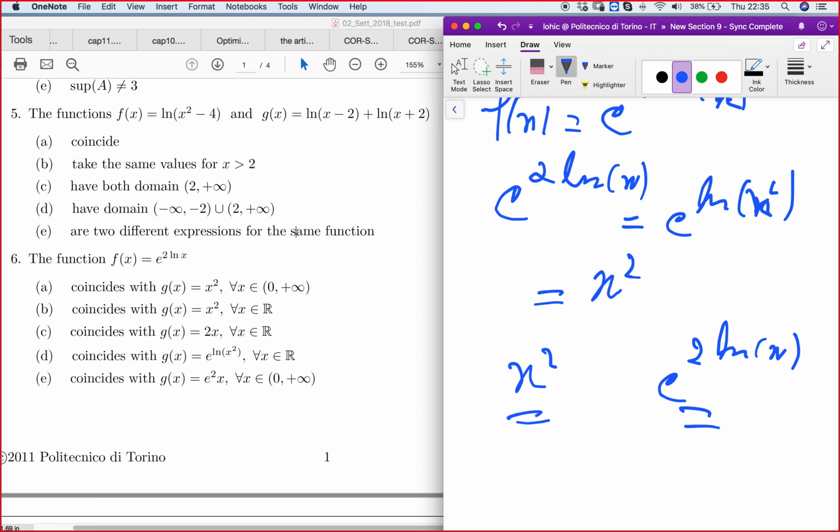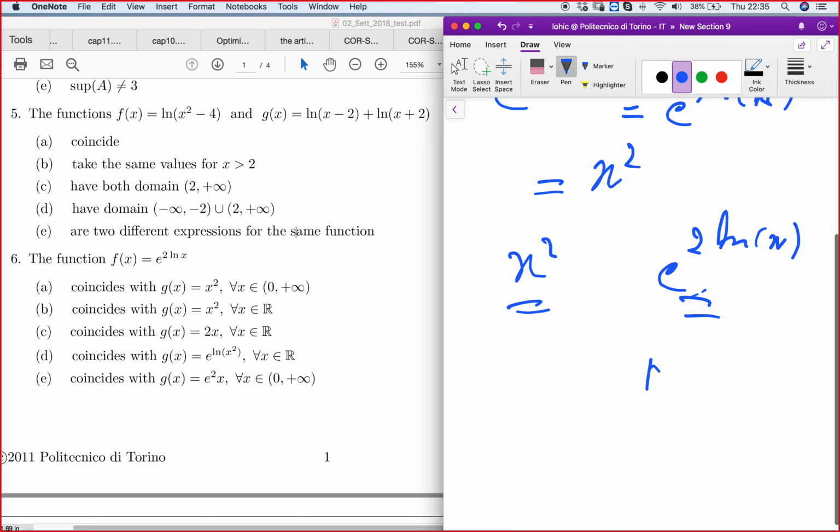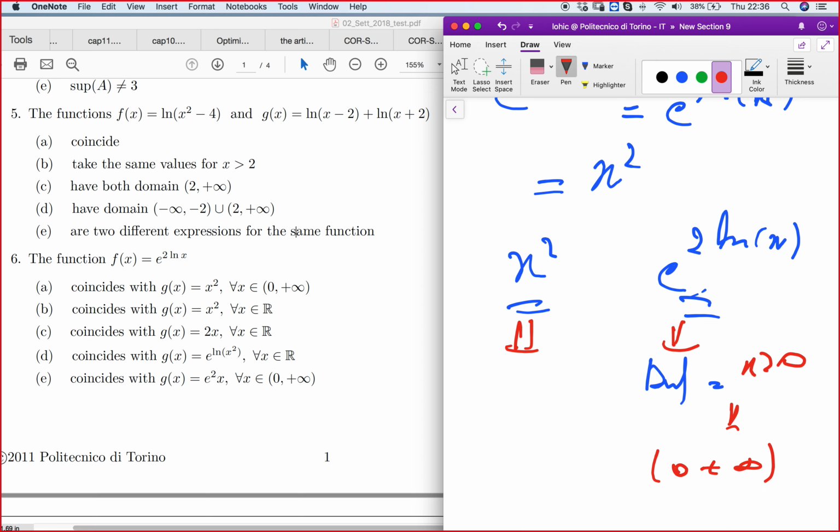Once more, we have two things that have the same expression. Yes or not? You can say x squared, or you can do like this. But what is the domain of this function? The condition will be x greater than 0, so the domain of this one is just from 0 to plus infinity. But what is the domain of x squared? I can do x squared anytime I want, but this thing I can do only when x is positive, right?